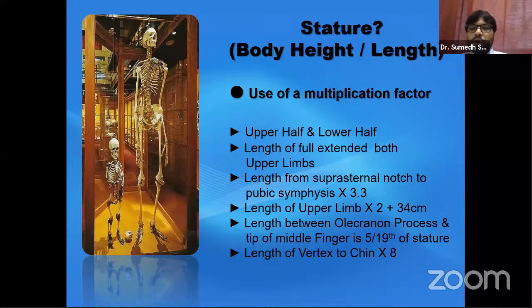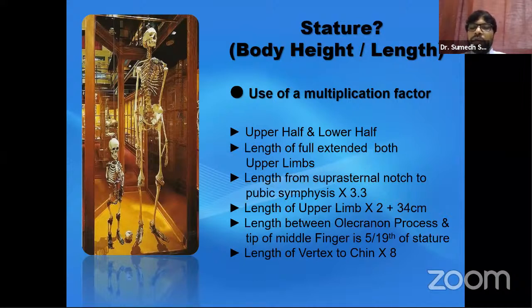Because sometimes you will observe the skeleton in mutilated bodies, and you won't get a full skeleton as such. At that time, one should be able to identify if the body is of the same human being, and if you are getting either the upper half or the lower half, you can calculate the total height of the body.